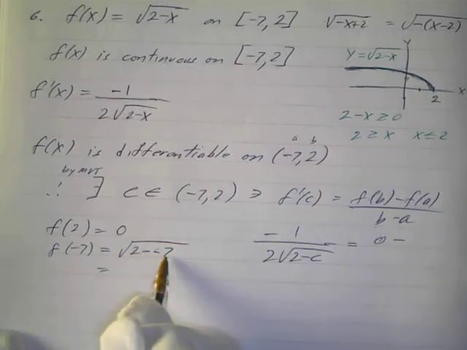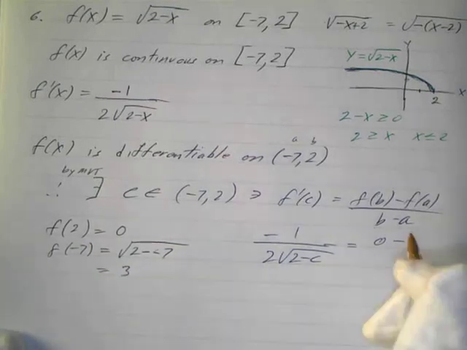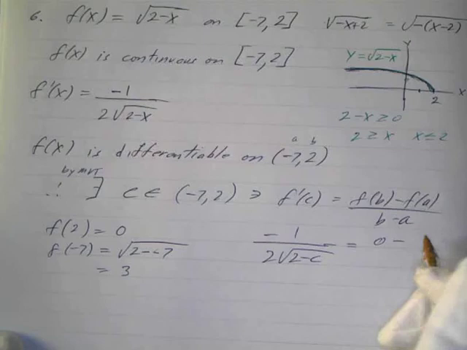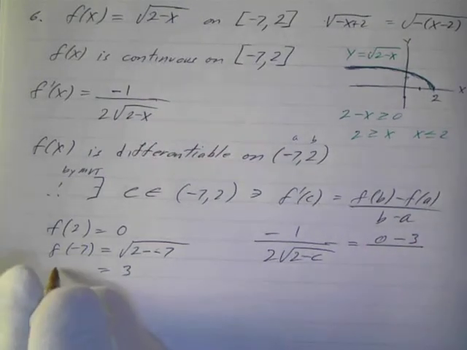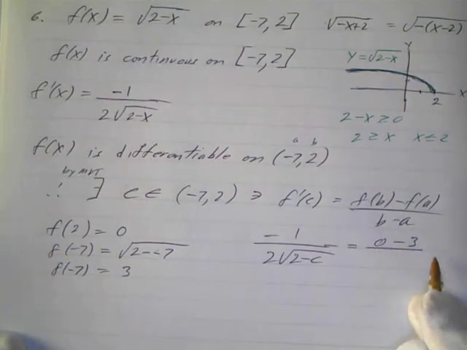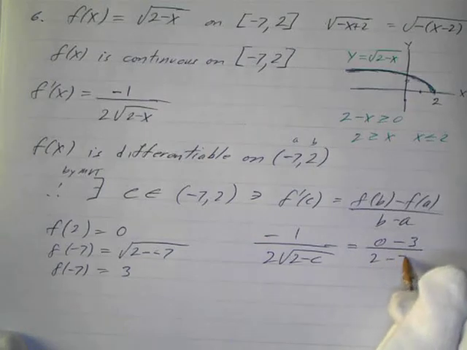And that's going to be 2 plus 7, which is 9. That's going to be 3. So there's your f of b minus f of a, and then your b is going to be 2 minus 7.